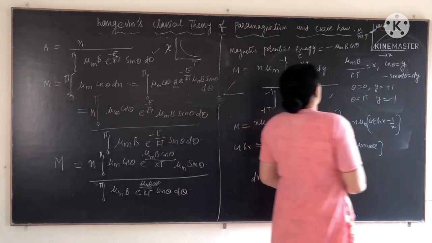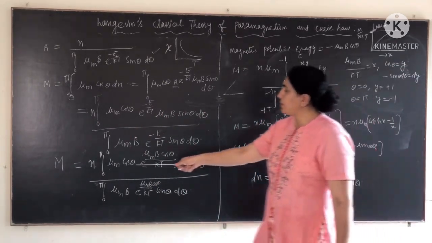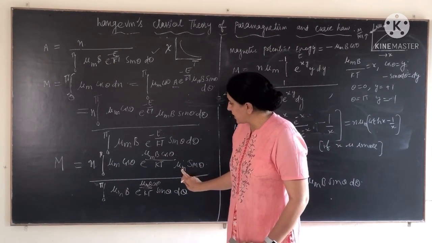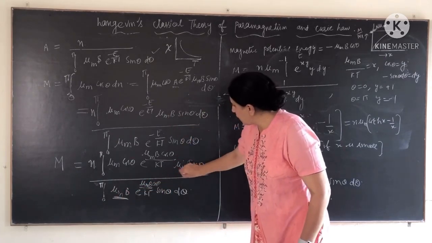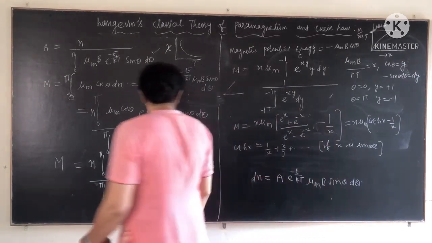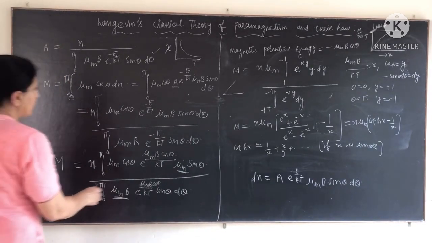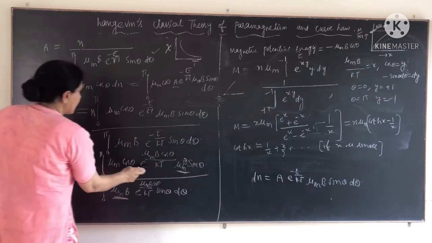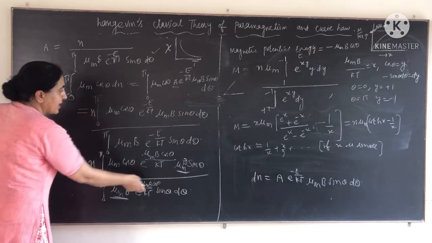Now M is equal to, taking mu_m outside, because this is a constant and B is also a constant, mu_m B sin theta, e raised to power this. So this mu_m B and this mu_m B cancel with each other.